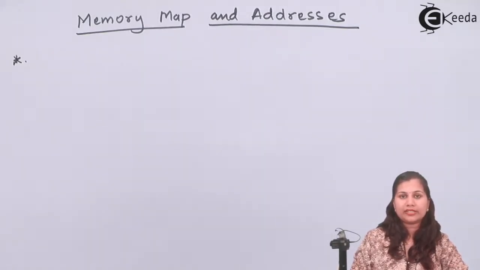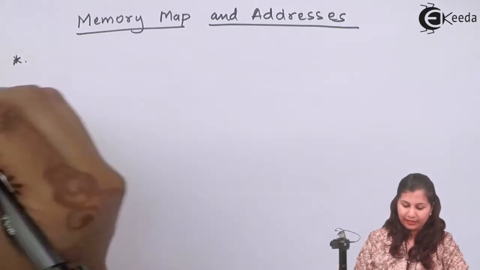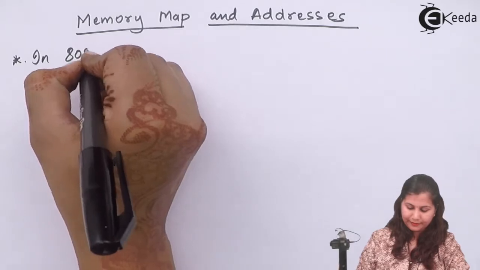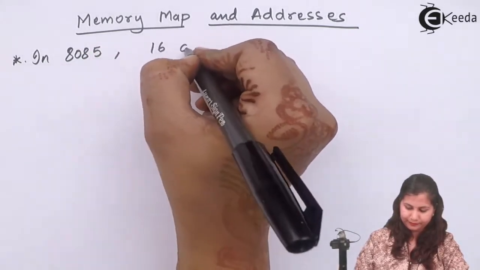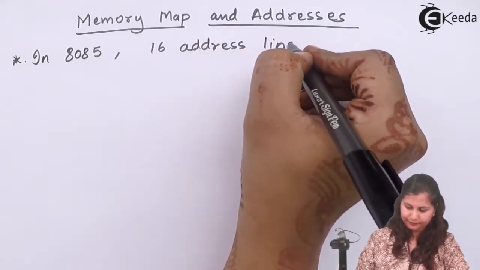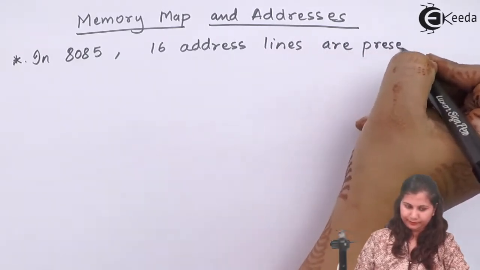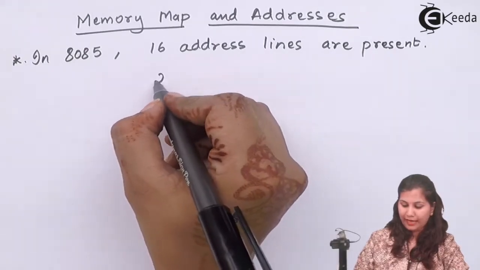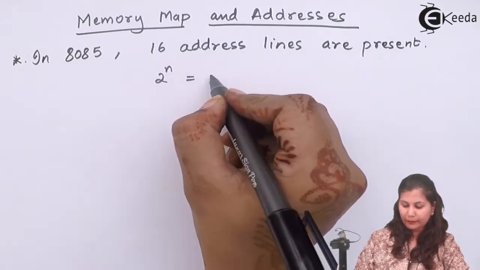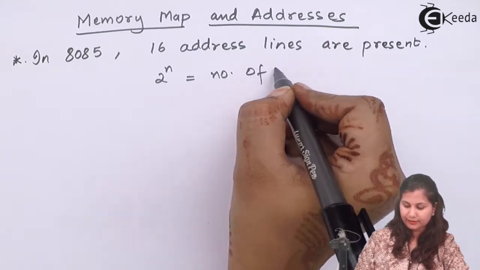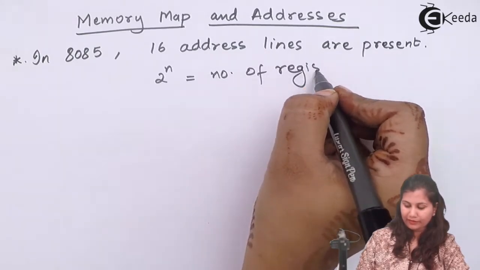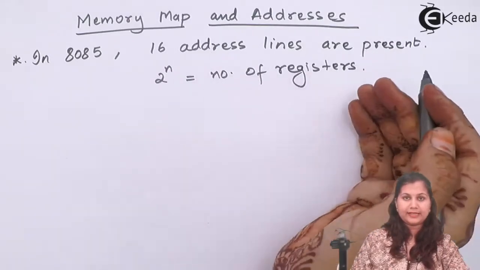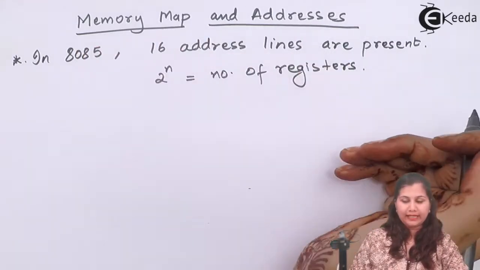So how many registers can it address? We can find this by calculation. So 16 address lines are there. We have 2 raised to the power n equals the number of registers. This is the formula for calculating the number of registers a microprocessor can address.